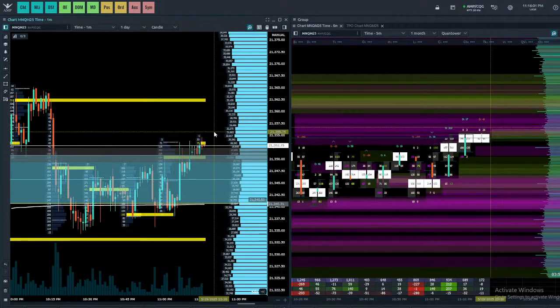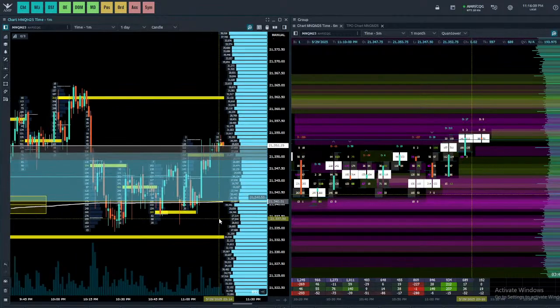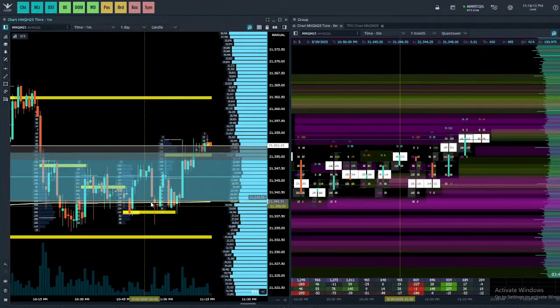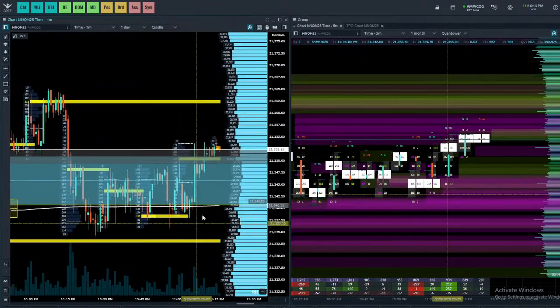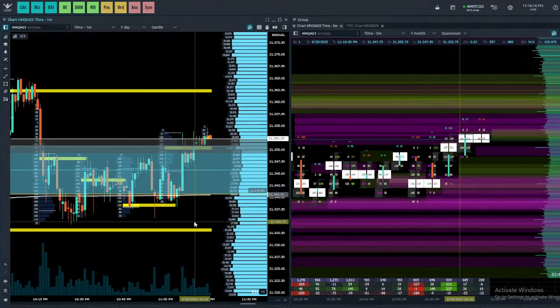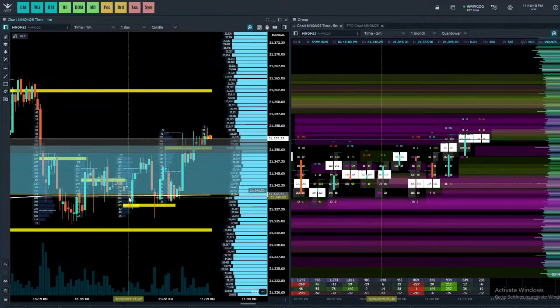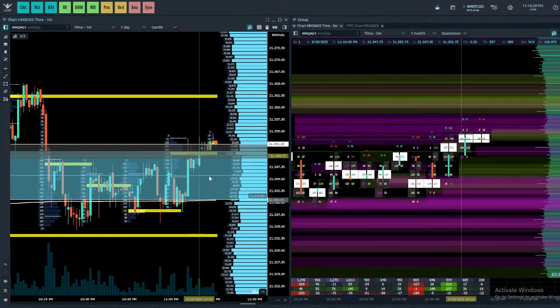I just need to start getting better at pinpointing my exact time frames for when I should be using certain things. Yeah, we accumulated, sweeping. I kept thinking we were sweeping this whole time.